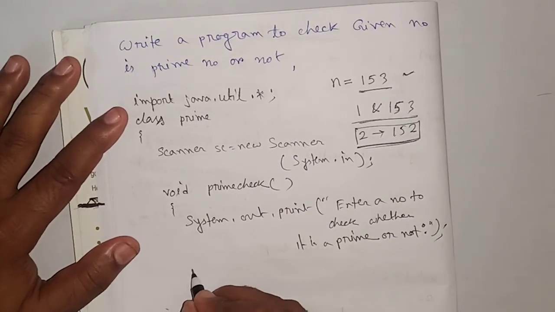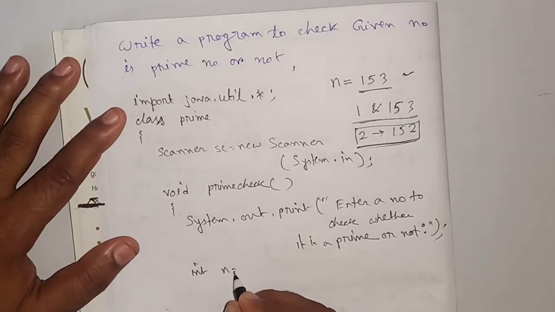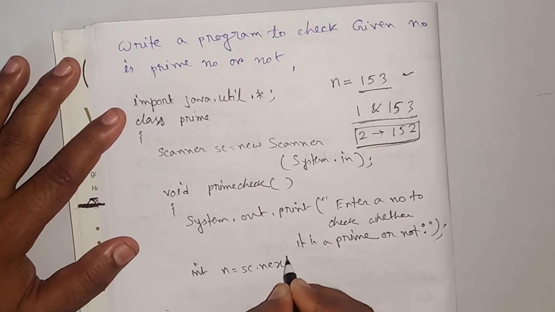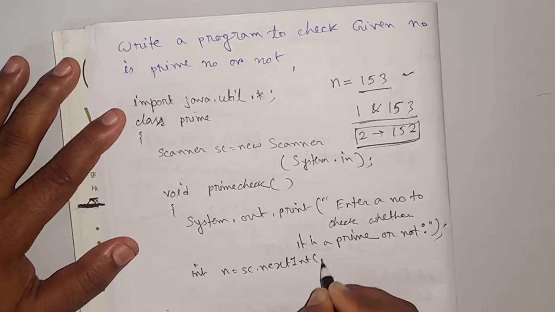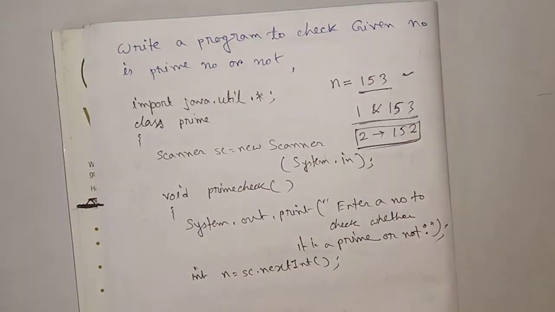Now I'm taking a number, int n is equal to sc.nextInt(). Now I'm doing the calculation.